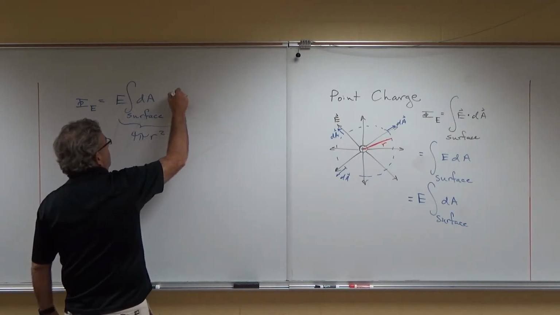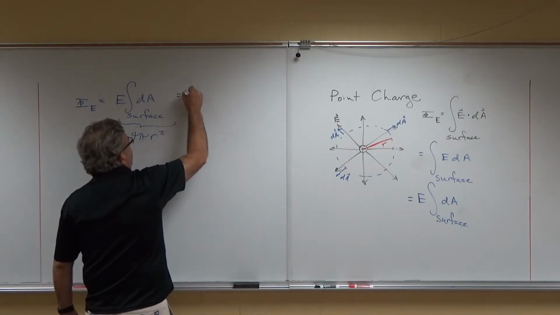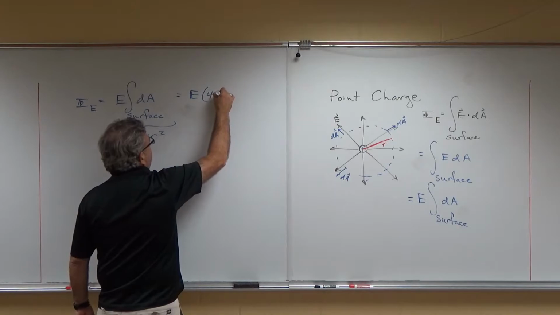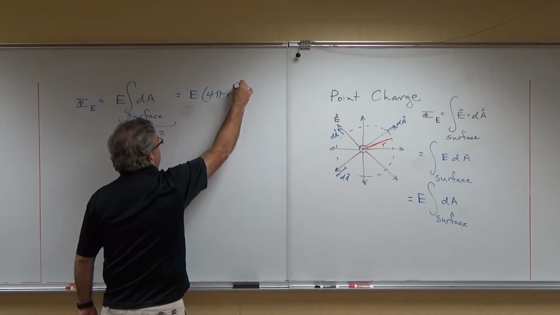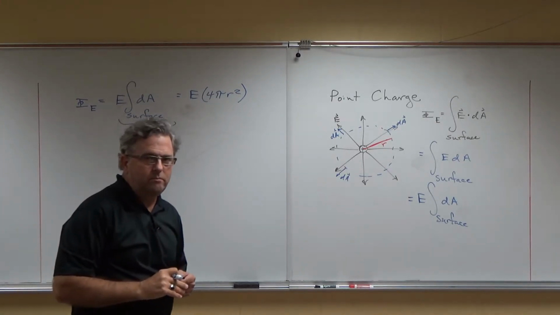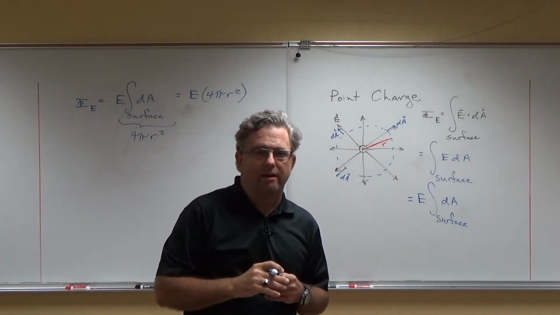So this is equal to E times 4 pi r squared. Well, we can leave it at that.